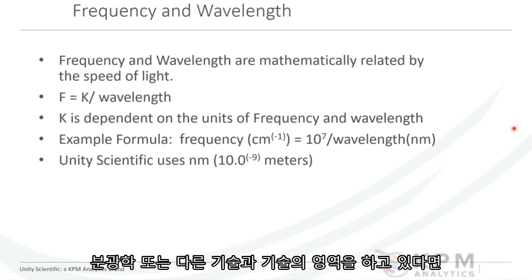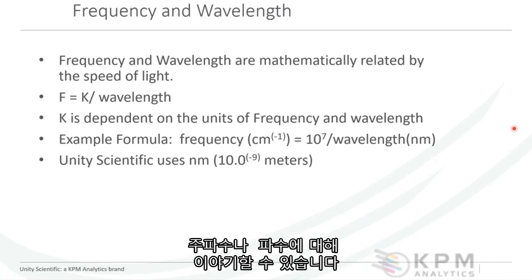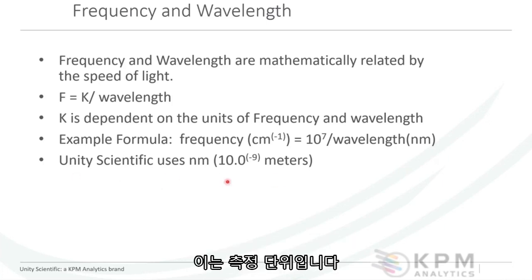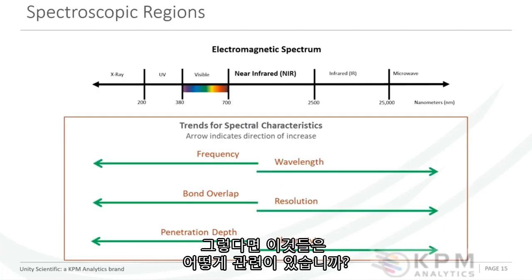If you're doing other areas of spectroscopy or other techniques and technologies, you might be talking about frequency or wave numbers. So for what we're doing, we are going to measure our wavelength scale in nanometers, and that's our units of measurement.